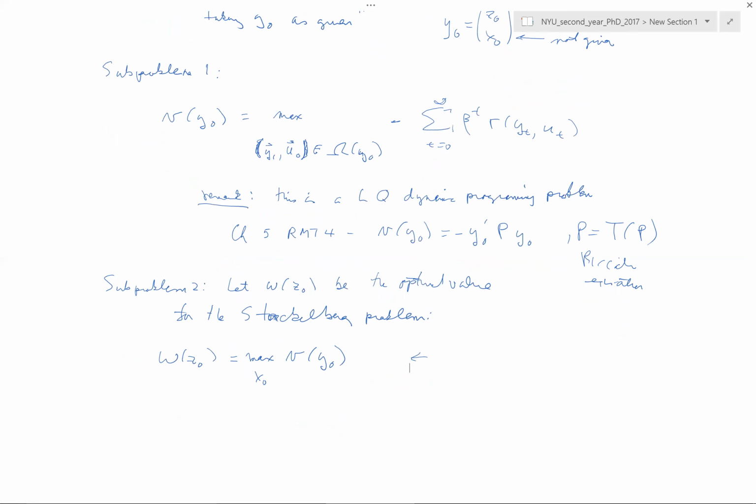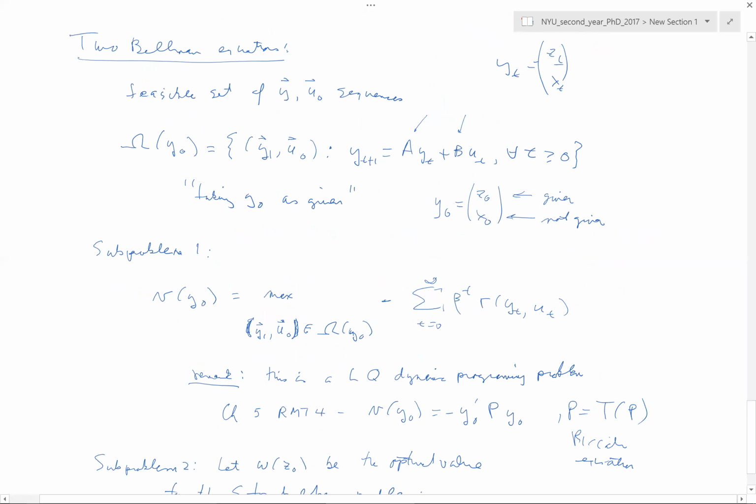So if you think hard, breaking it into these two subproblems does what we want. We're building in that the X's are always satisfying the Euler equation for any initial X, and we did that by imposing that the Euler equations are embedded in here.